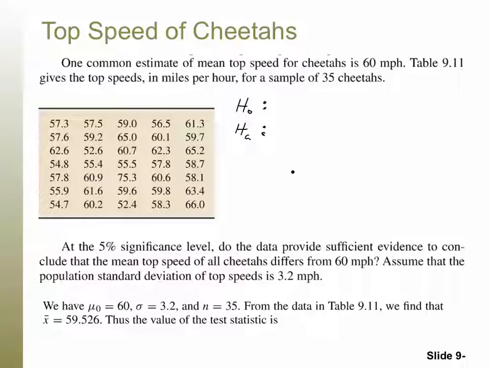It's just whether or not a good estimate for their average speed is 60. So that would indicate two-tailed. All right, so we're going to say that the null is that the mean speed of cheetahs is 60 miles per hour, and the alternate is that it's not 60. And that's our two-tailed test.